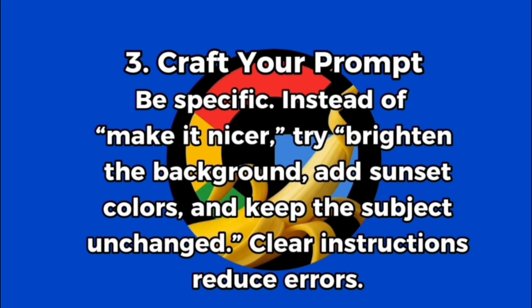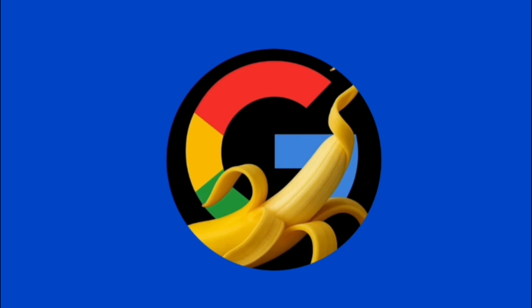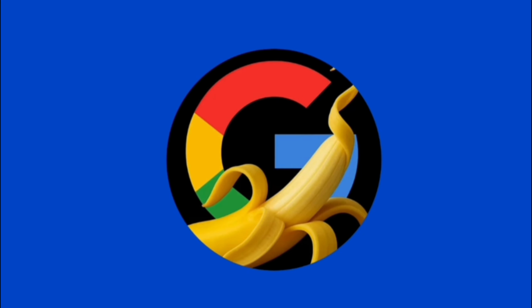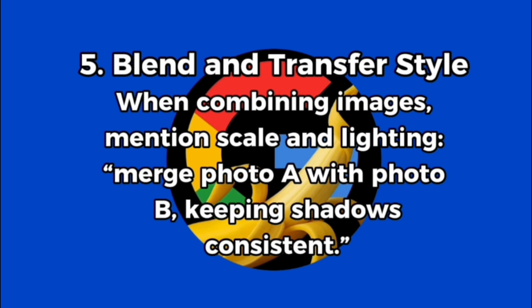Clear instructions reduce errors. 4. Use iterative editing. Make small, focused changes, step by step. Nano Banana handles multi-turn edits well, letting you gradually refine the result. 5. Blend and transfer style.